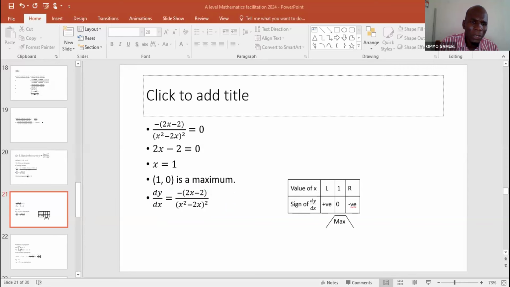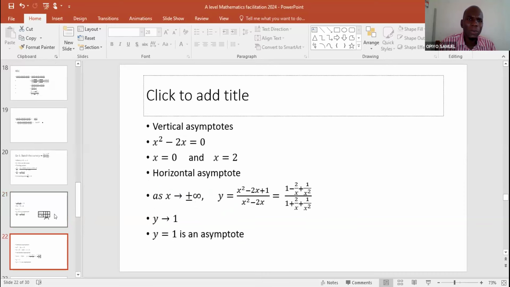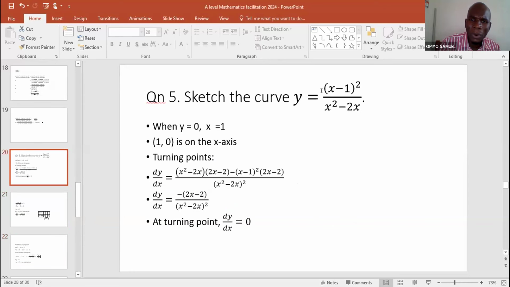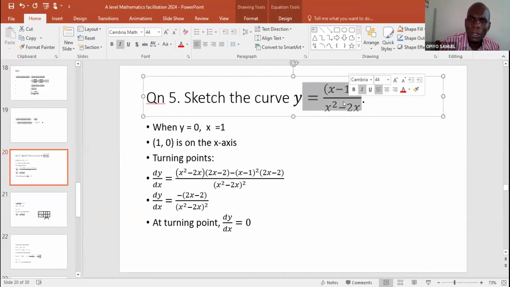After this, we go to asymptotes. To get vertical asymptotes, you must go back to the equation of the curve. The equation is here. Let me show you. So to get vertical asymptotes, you equate the denominator to 0.